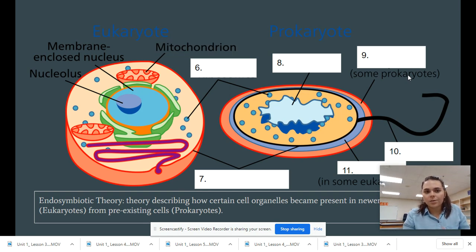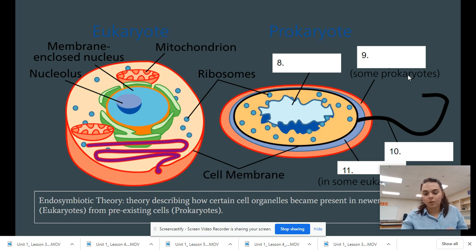Okay, we talked about how the eukaryote has a mitochondria because that is a membrane-bound organelle. Both cells contain ribosomes because both of them need to be able to produce their own proteins. Okay, we both have a cell membrane.